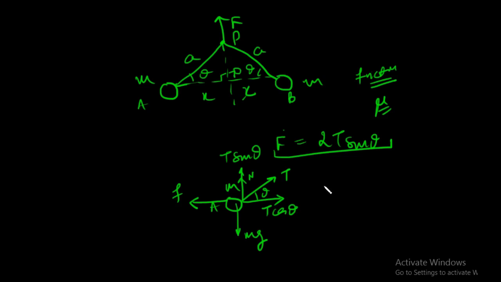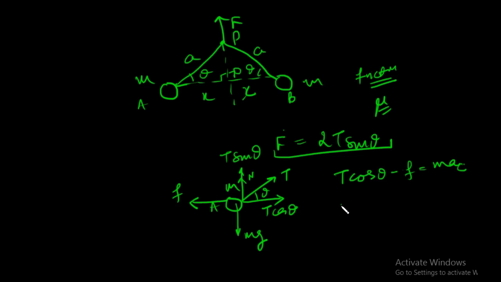Alright, since acceleration is taking place, the horizontal components will not be balanced, so the equation is T cos theta minus f. This would result in m into a, alright, and the vertical components will be balanced because acceleration is only horizontal. This is acceleration a_c, this a_c will differentiate from this a, okay.